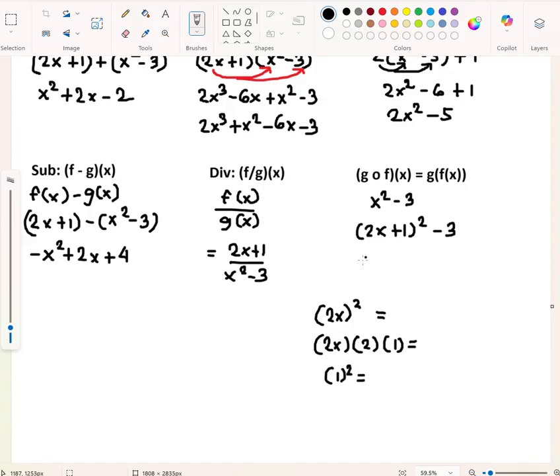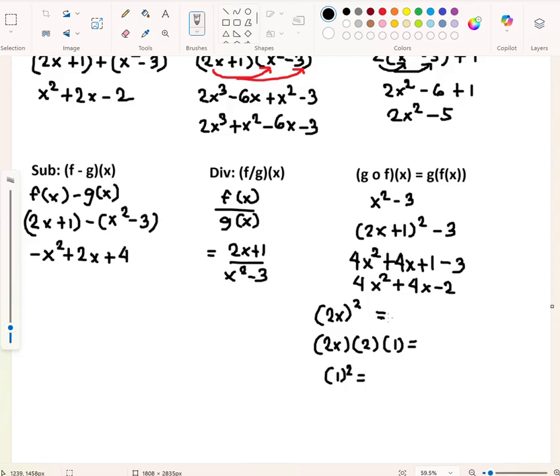So 2x squared becomes 4x squared. Next is 2 times 2x times 1, which is 4x. And then 1 squared is positive 1. Then minus 3. Simplifying, we have 4x squared plus 4x minus 2. So that's the final answer.